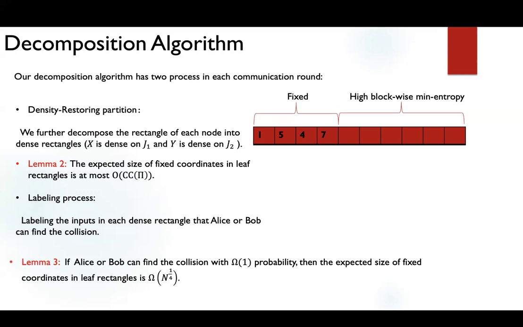In fact, we prove number 3 by the labeling process. That is, if Alice and Bob can find a collision with constant probability, then the expected size of fixed quantities in leaf rectangles is omega of n to the 1/4 power.